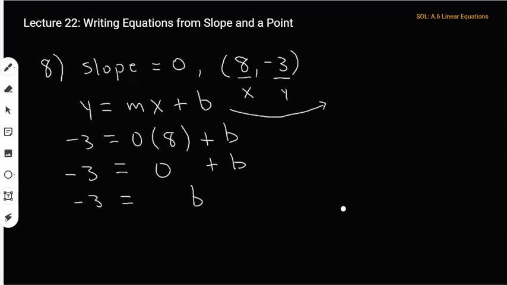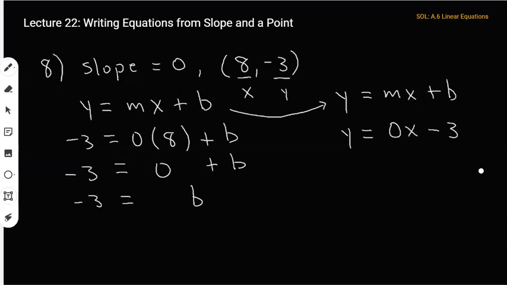So now I can write my answer in slope-intercept form, y equals mx plus b. I know that my slope m is going to be 0, and my y-intercept is going to be -3. So I get y equals 0x minus 3.